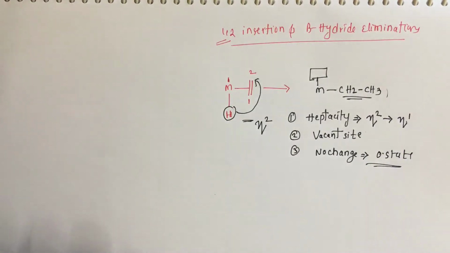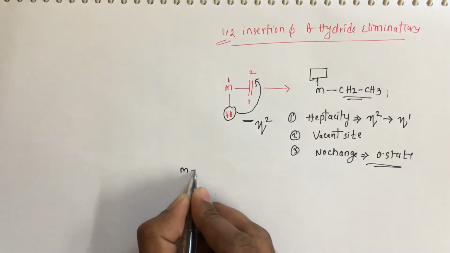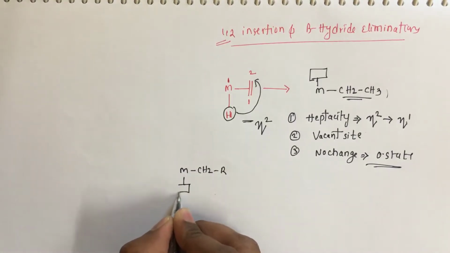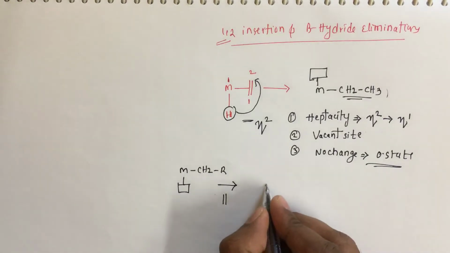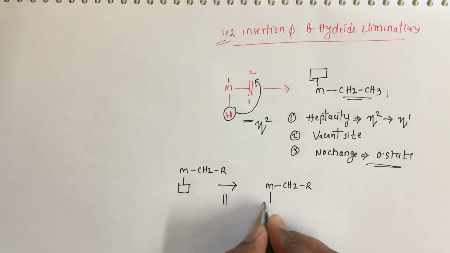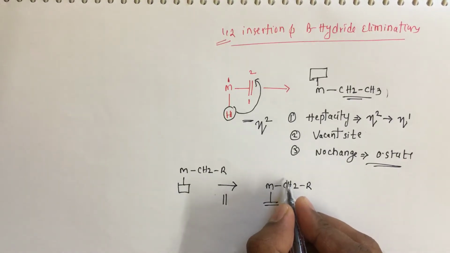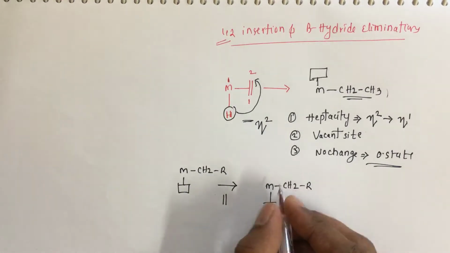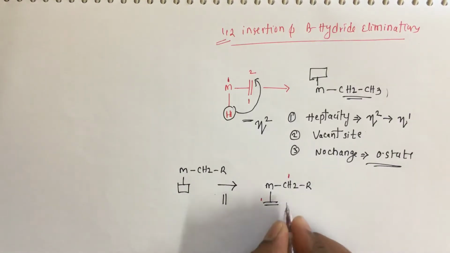Regarding this 1,2 insertion, we will see one more reaction, with CH2R. Here the vacant site is there. This reacts with olefin and converts into this. Now the hydrogen present here, 1,2 insertion means this is 1 and this is 2.